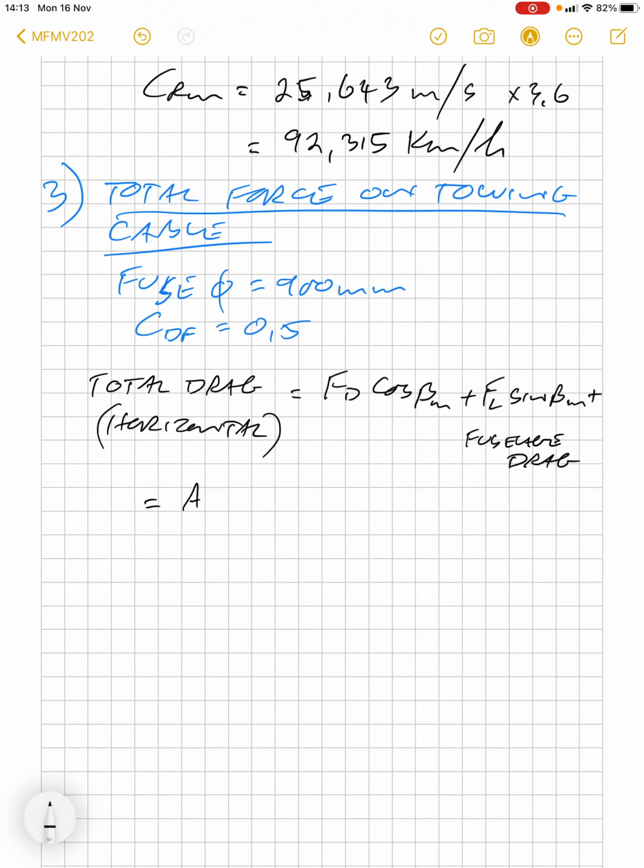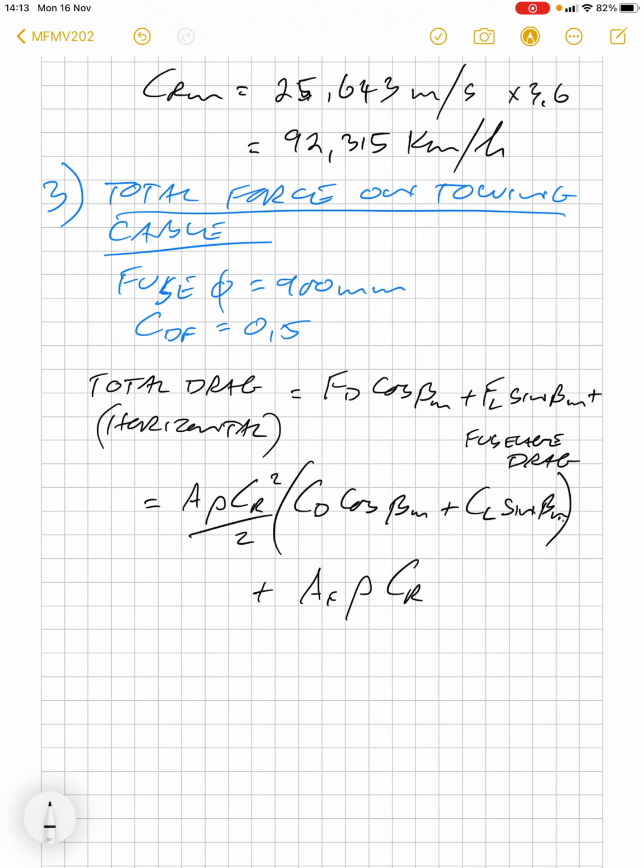Right, so that is area rho CRM squared over 2 times CD cos BM plus CL sin BM plus area of the fuselage rho CRM squared over 2 CDF, coefficient of drag. So those are all our drag components.